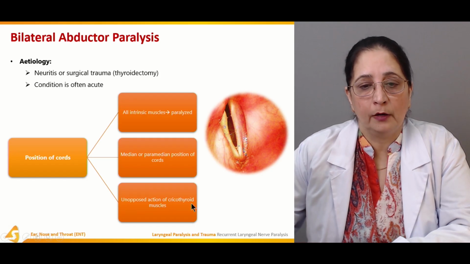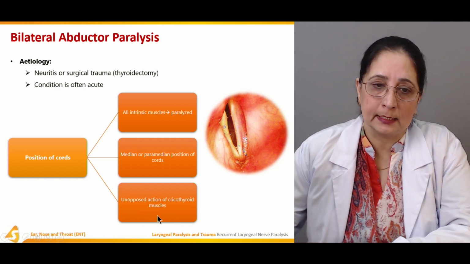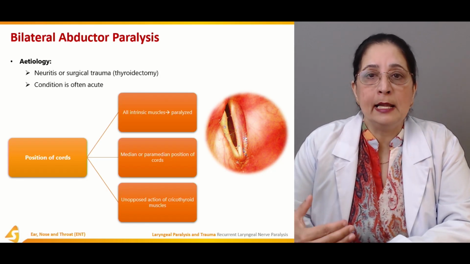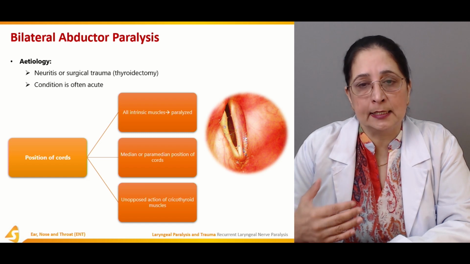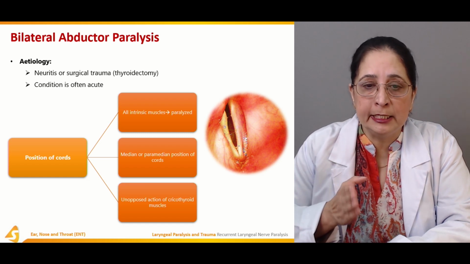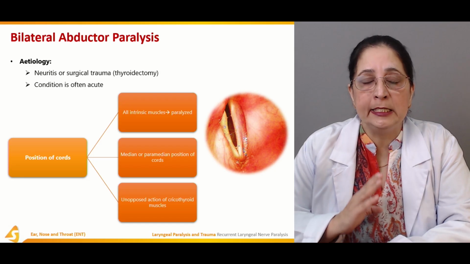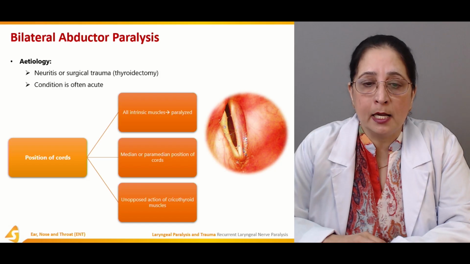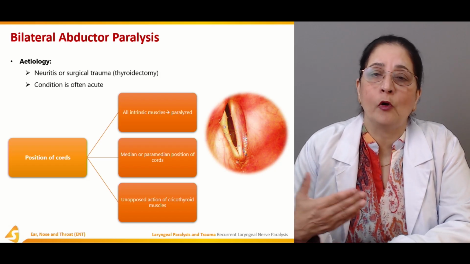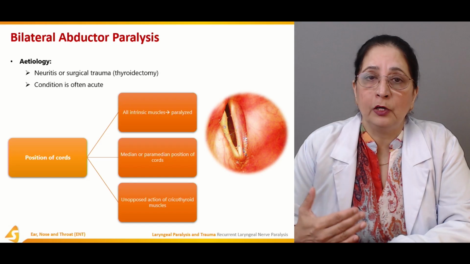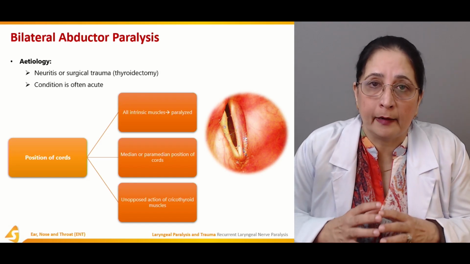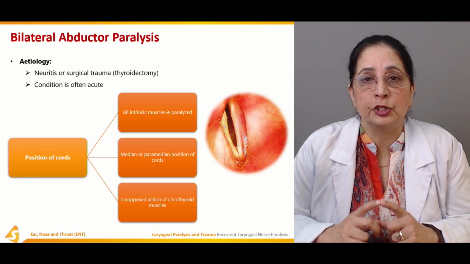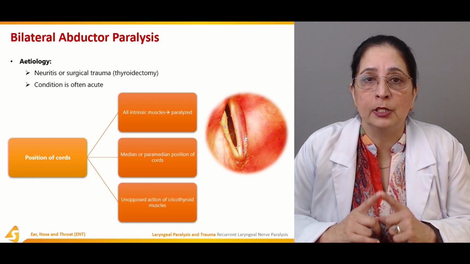The cord is in the median or paramedian position, with unopposed action of the cricothyroid muscle, because the cricothyroid muscle is not paralyzed, as it is supplied by the external branch of the superior laryngeal nerve.